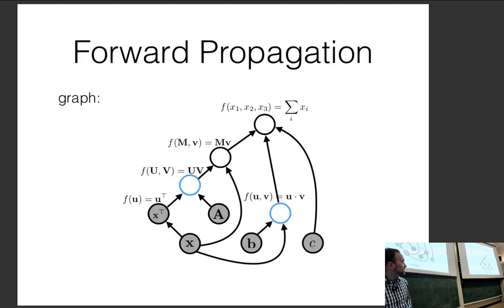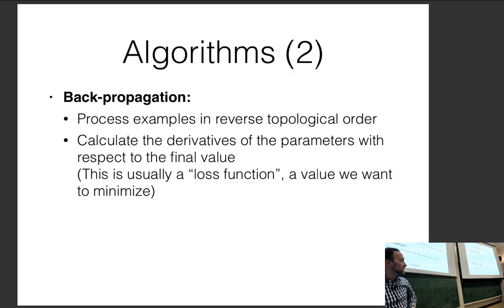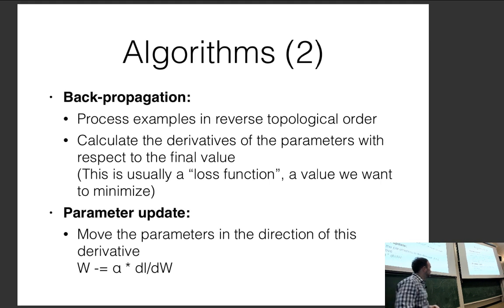However, by using this dynamic programming algorithm, we can calculate forward, we can calculate all the gradients backwards, and as a result, we can get the gradients of the loss function with respect to the parameters, and then we can update the parameters with respect to this gradient here.